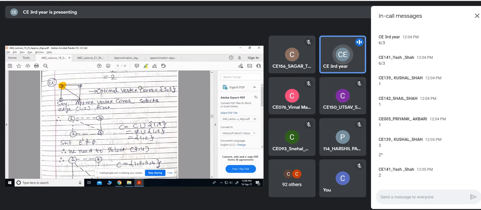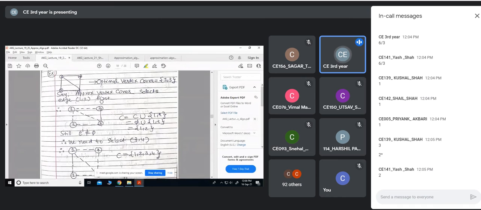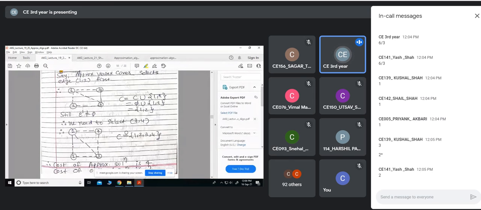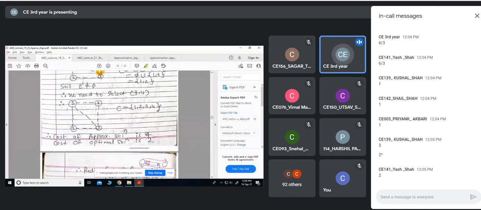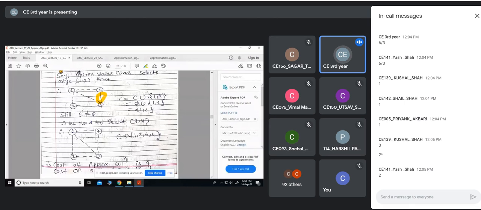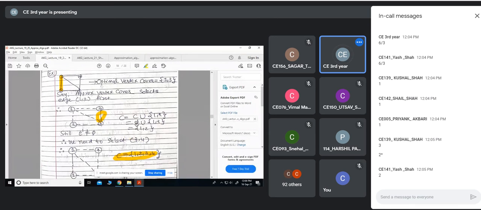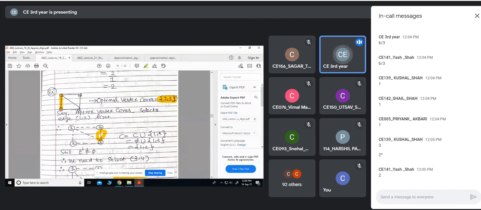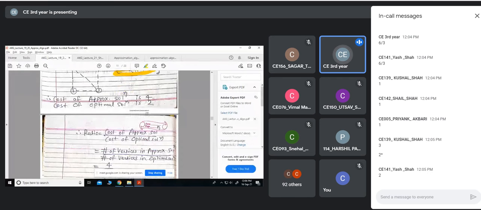But if you use this randomized algorithm, select 1, 2, and delete the other edges 1, 4 and 2, 3. And then you take 3, 4, because that's the only edge left. So the cost of the approximate solution is 4 vertices. Optimal solution, 2 vertices. Again, the ratio is 2.